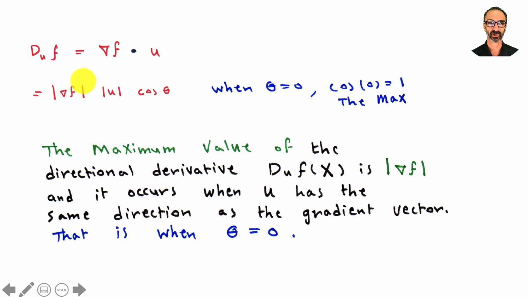So this will make the difference and will give you a higher value on the left, which is called the directional derivative, or lower. So the maximum value of the directional derivative D of f of x in the direction of u is the magnitude of the gradient vector. And it occurs when u has the same direction as the gradient vector, which I mentioned up here. That is when theta equals 0.